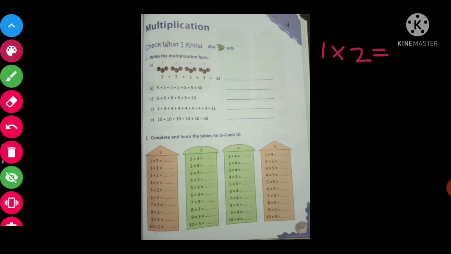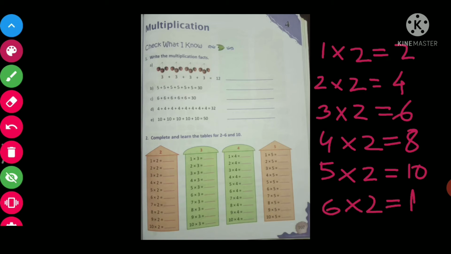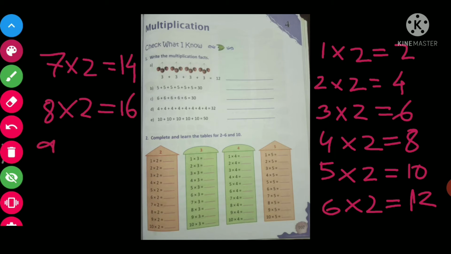1 two is 2, 2 twos are 4, 3 twos are 6, 4 twos are 8, 5 twos are 10, 6 twos are 12, 7 twos are 14, 8 twos are 16, 9 twos are 18, 10 twos are 20.